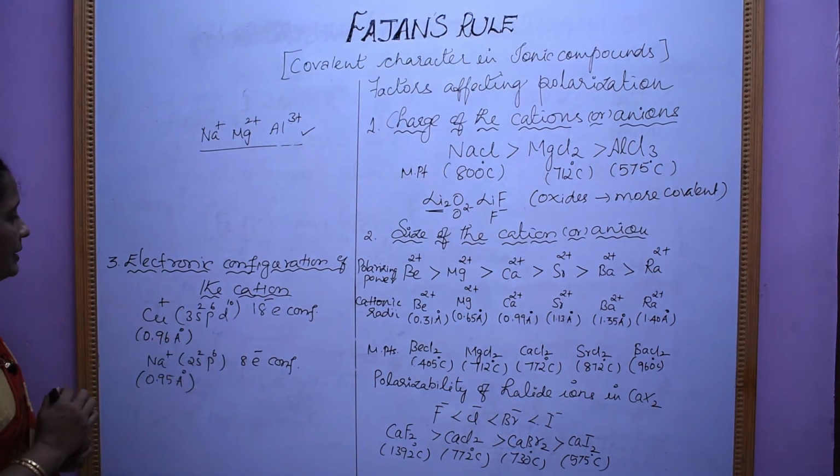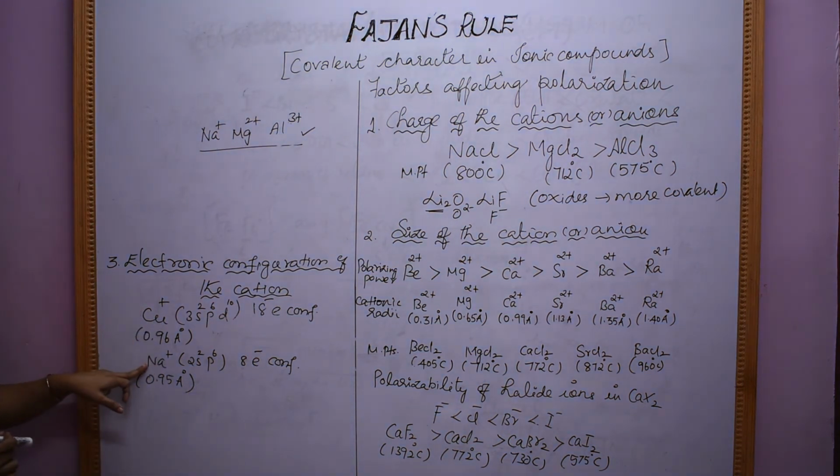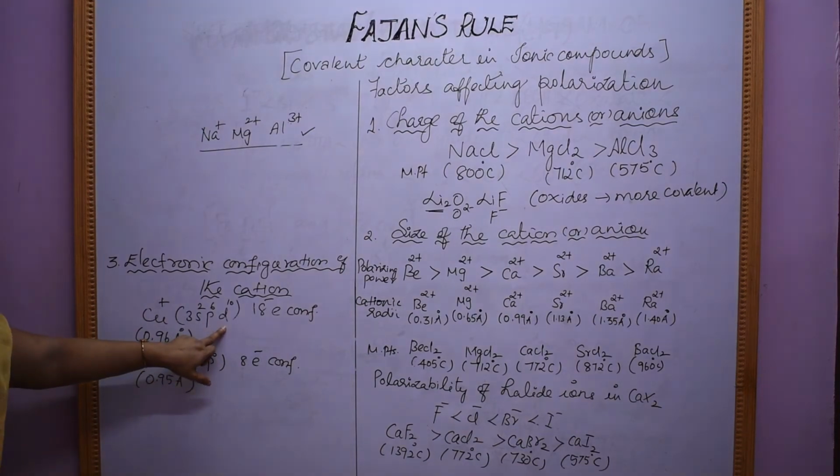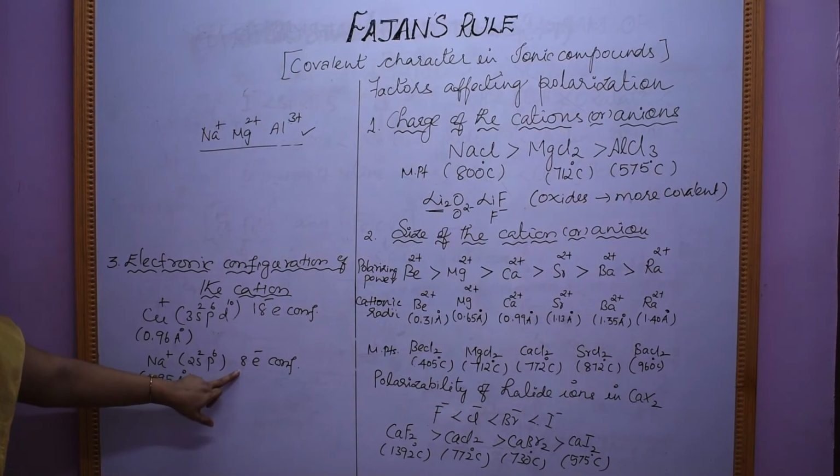Right? Let us take the specific example of Cu plus and Na plus. Cu plus has 18 electrons in the outermost shell, 3s2 p6 d10 configuration. Whereas Na plus has 2s2 p6 configuration, 8 electron configuration.